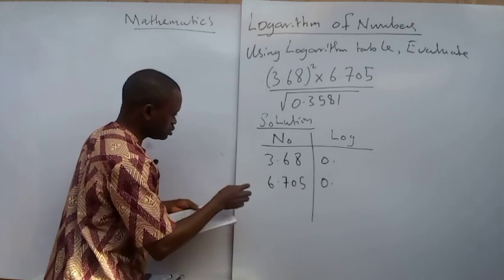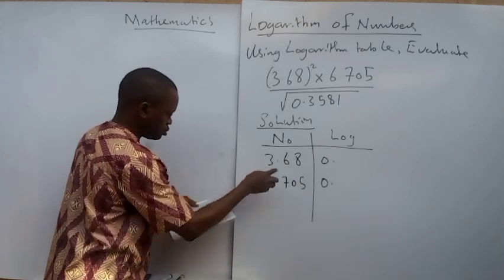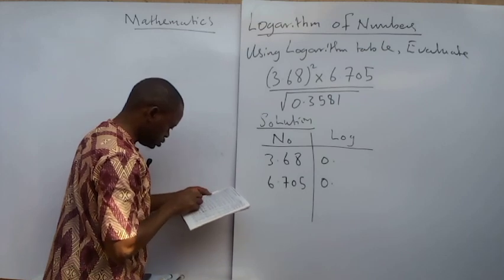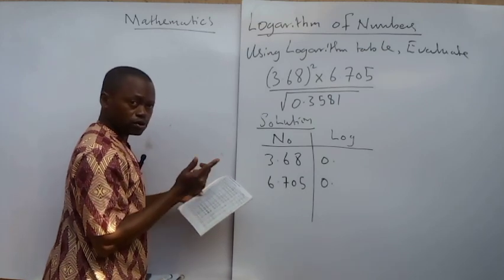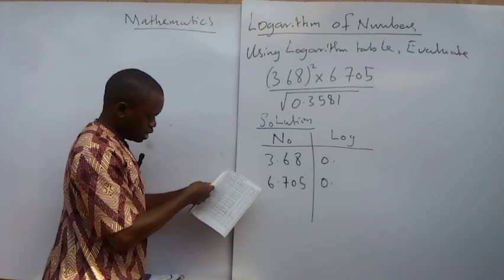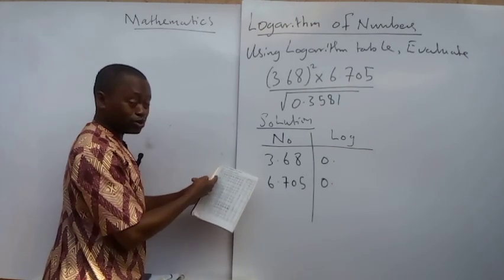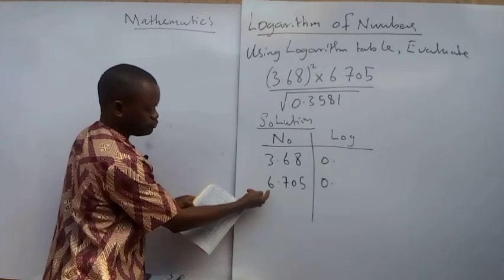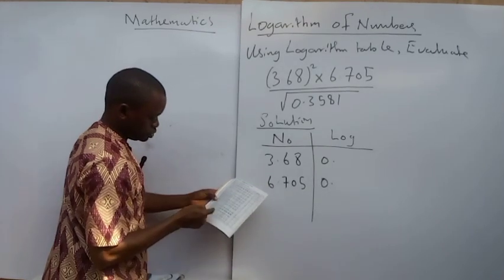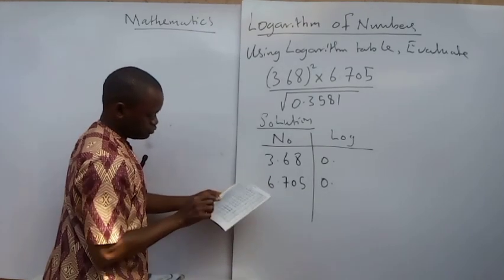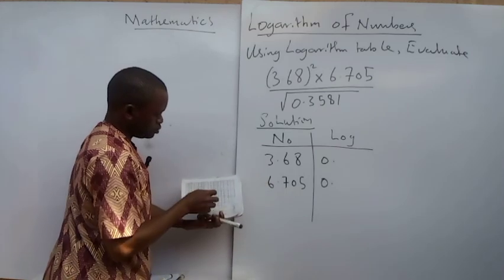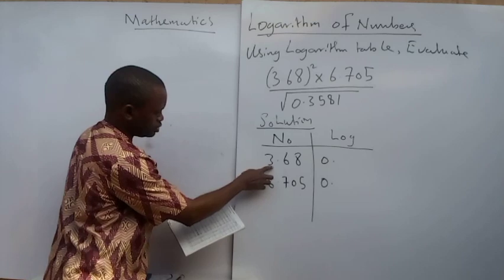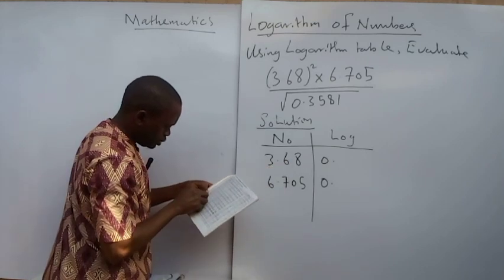So I'm looking for 36 under 8. 36 is here, just at the edge. On every other number, like this one, 67, you also see 67. Then like 36 under 8, you are in 36.